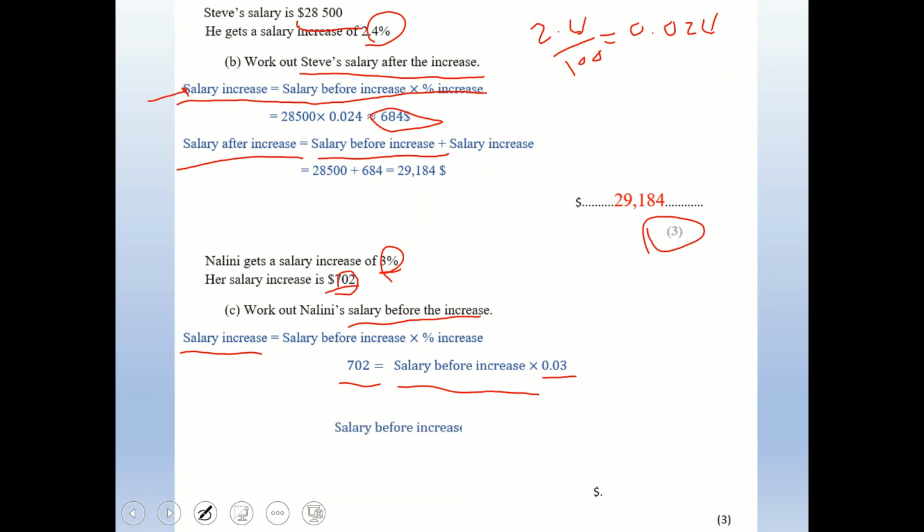So the salary before increase will be 702 divided by 0.03, which equals $23,400, and this is another 3 marks.